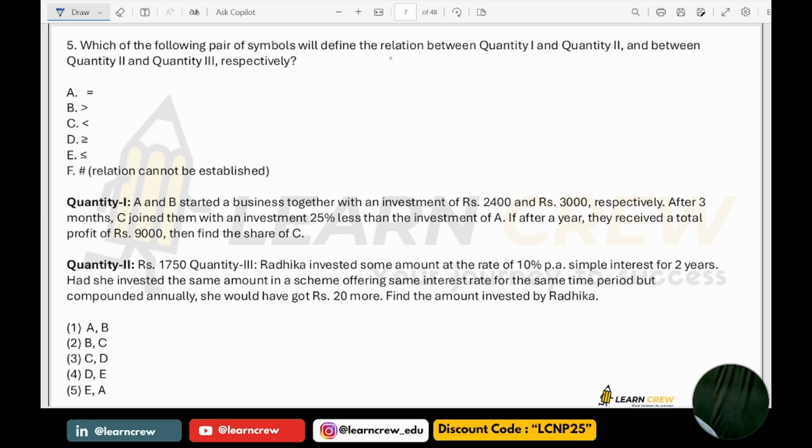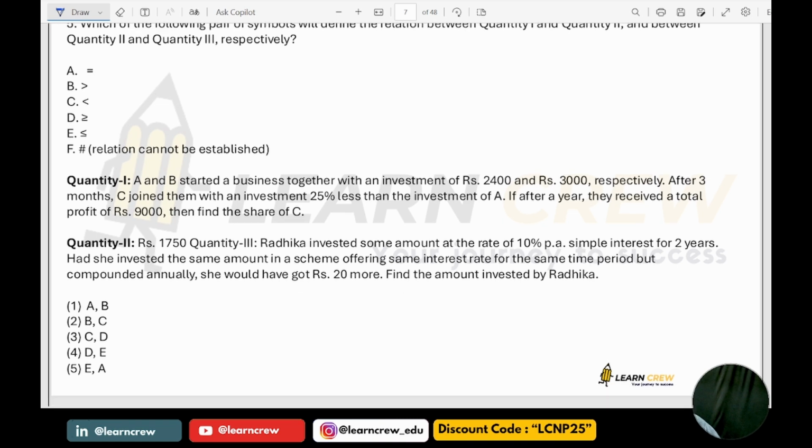Then which of the following pair of symbols will define the relation between quantity 1 and quantity 2 and between quantity 2 and quantity 3 respectively? Equal to, greater than, less than, greater than or equal to, less than or equal to, relation cannot be established.